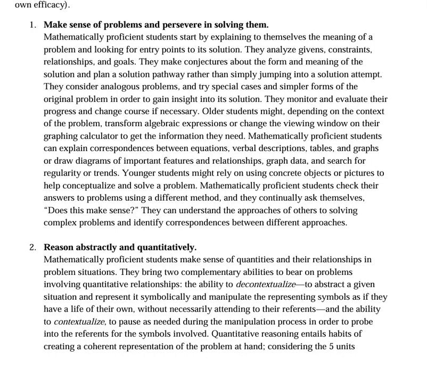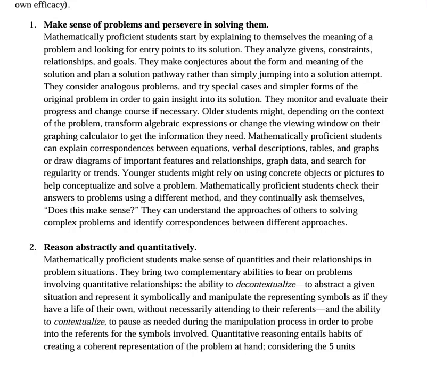Make sense of problems and persevere in solving them. Mathematically proficient students start by explaining to themselves the meaning of a problem and looking for entry points to its solution. They analyze givens, constraints, relationships, and goals.